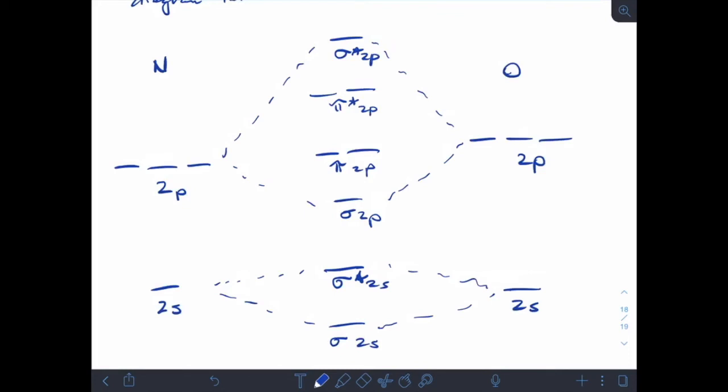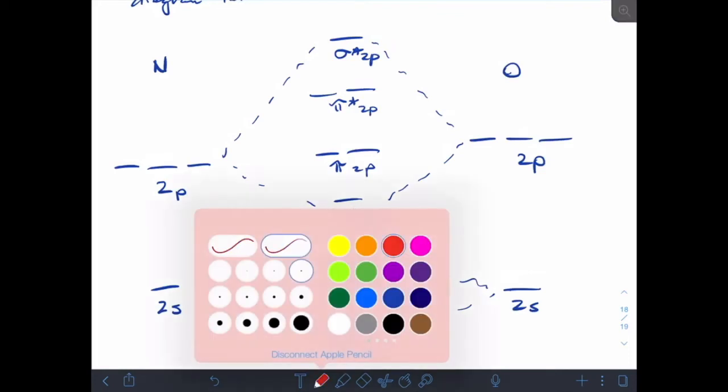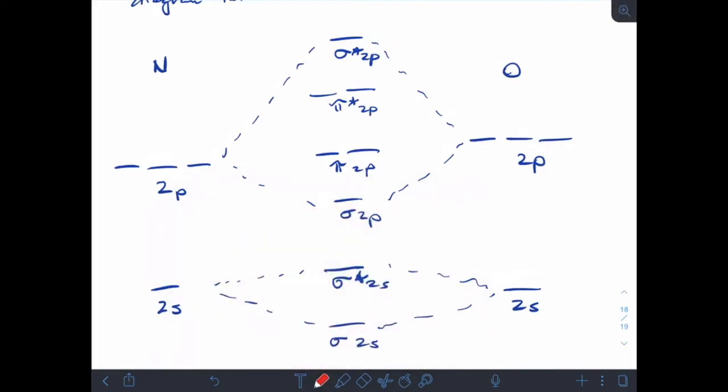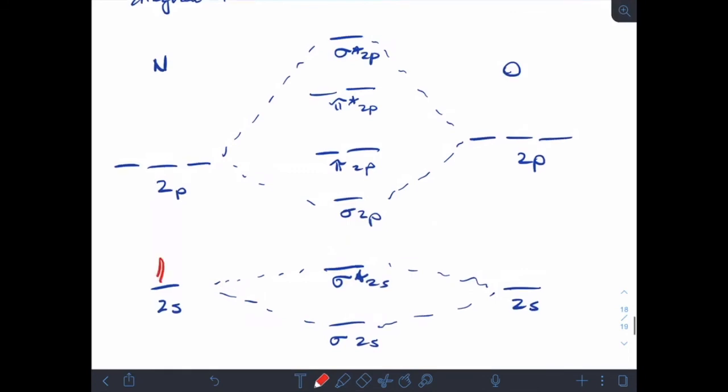All right, so let's put in our electrons for each side. Nitrogen's got 5 valence, so we're going to say 1, 2, 3, 4, 5. And our oxygen has 6, so let's put those here. All right, so now let's proceed to pack our electrons into the center of our drawing.